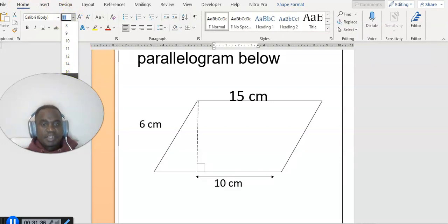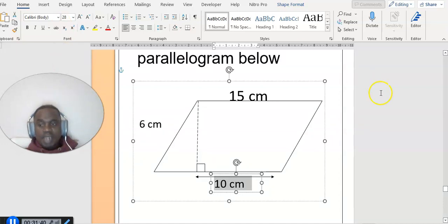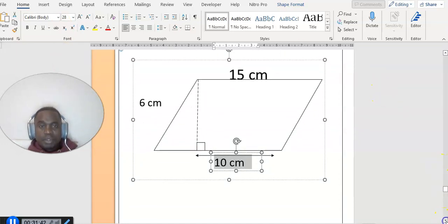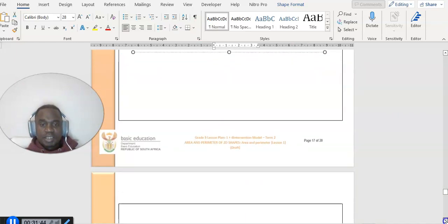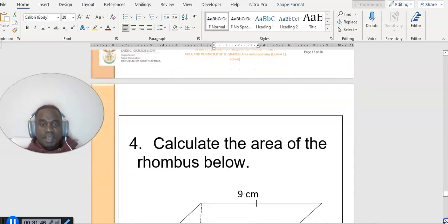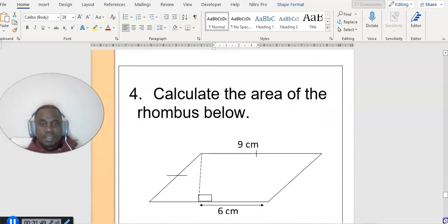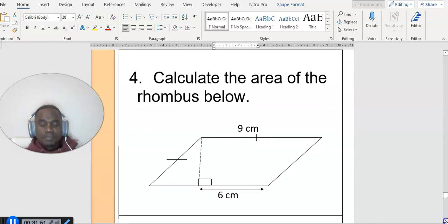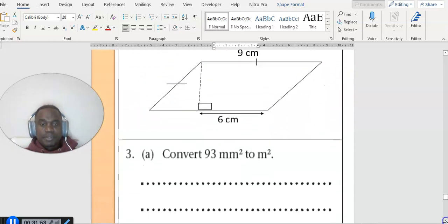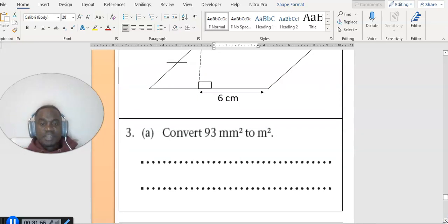Okay, now it's bigger. It's 10. Now you can see. So you solve this. Then you calculate the area of a rhombus. You solve it. You solve this one. Try and convert this one also.